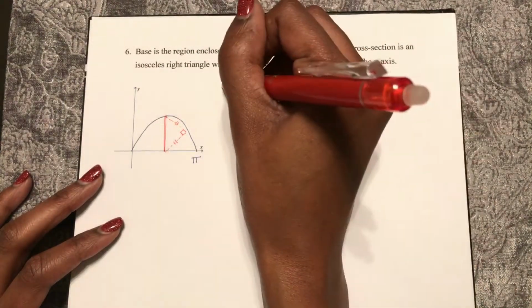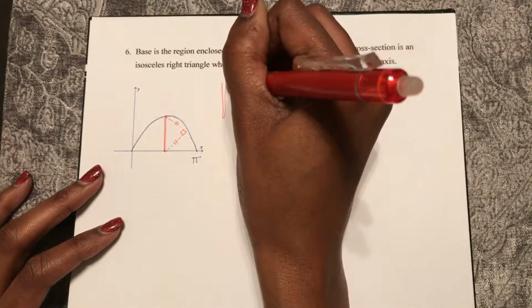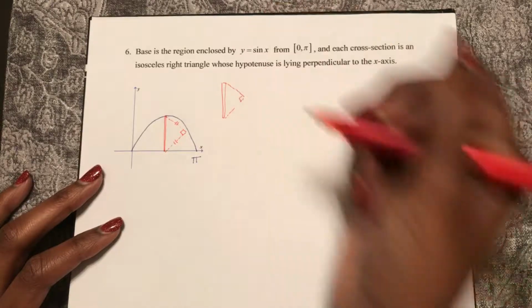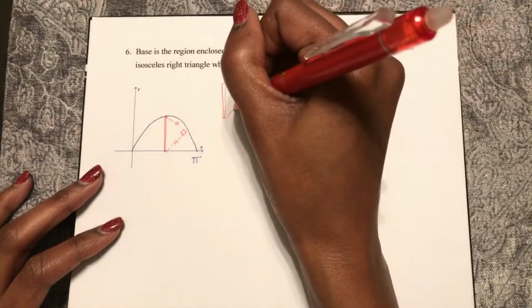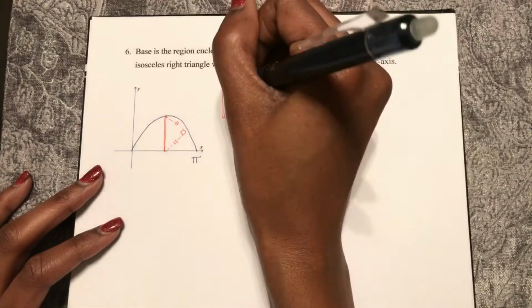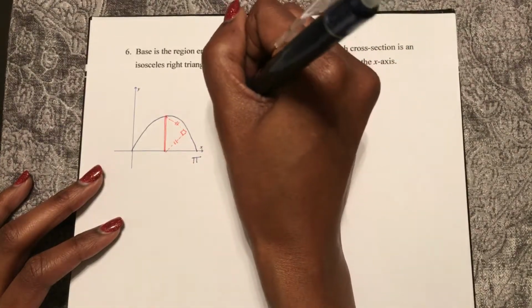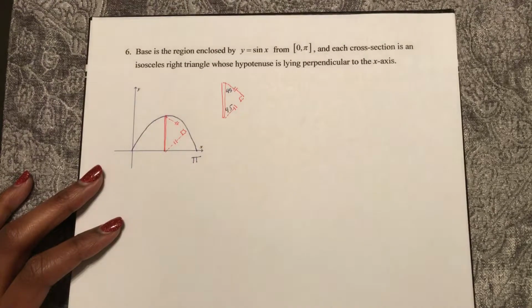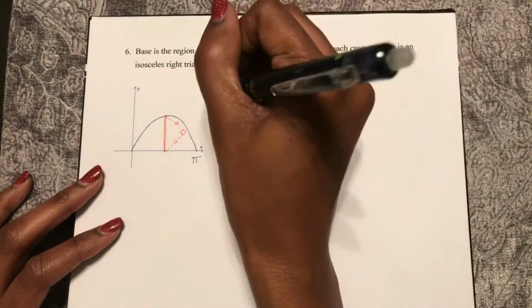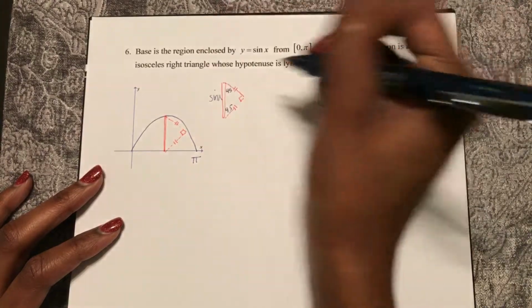So if we think about this right triangle, we pull it out. An isosceles right triangle is really just a 45, 45, 90 triangle. The length of this hypotenuse is sine x.